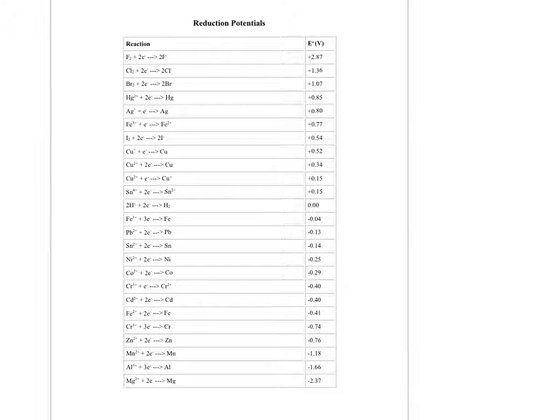So this specific table is set up so that the highest numbers are at the top and the numbers decrease until the bottom is the lowest numbers. So the highest numbers, that means that these are the highest reduction potentials.